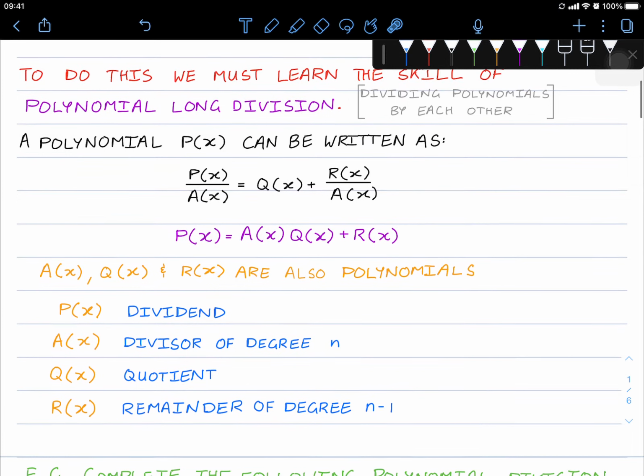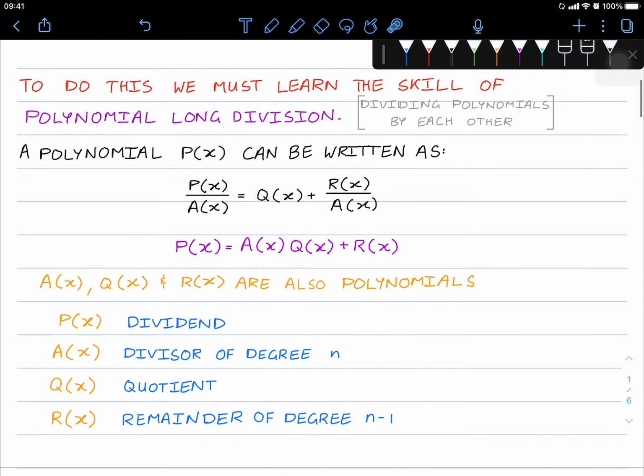So just so we know, a polynomial p of x divided by another polynomial a of x should be equal to some other polynomial q of x plus the remainder r of x divided by the same divisor here.